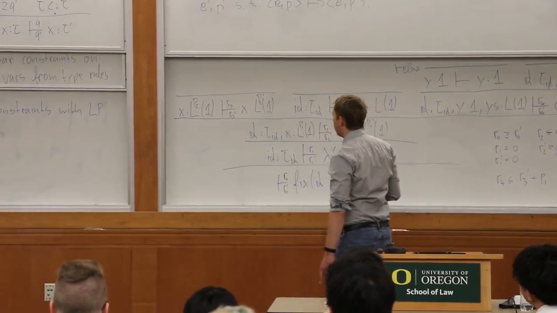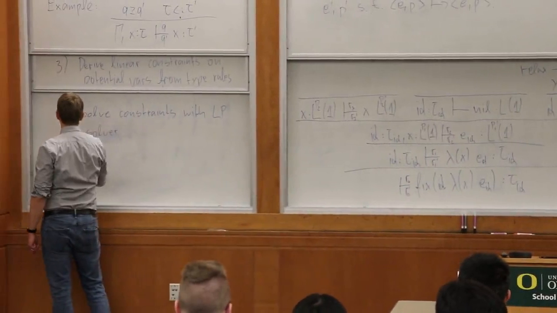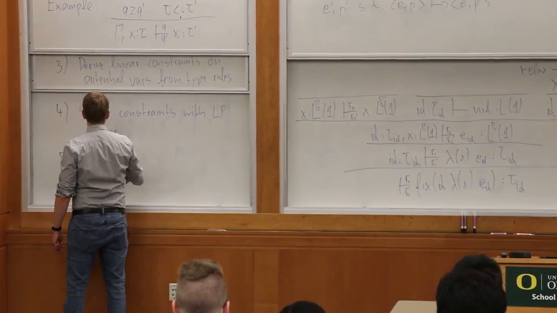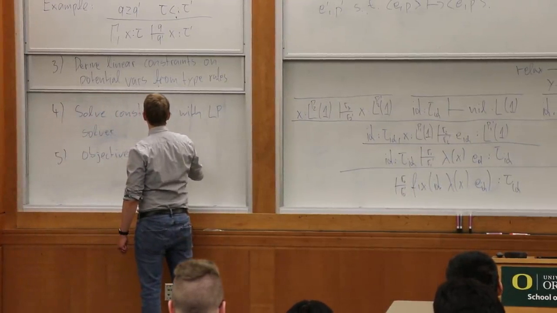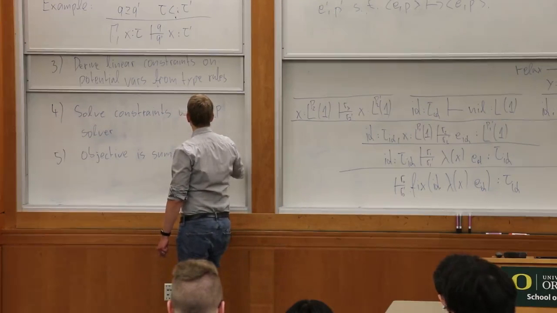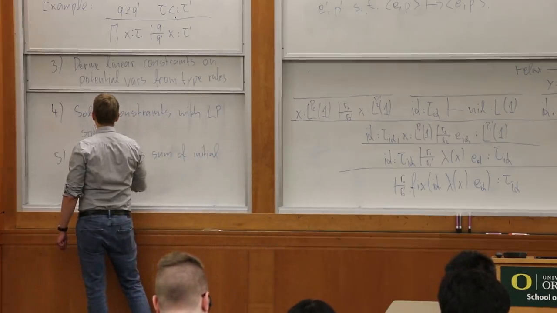And now we can also specify an objective function. The objective is basically the sum of initial potential annotations.